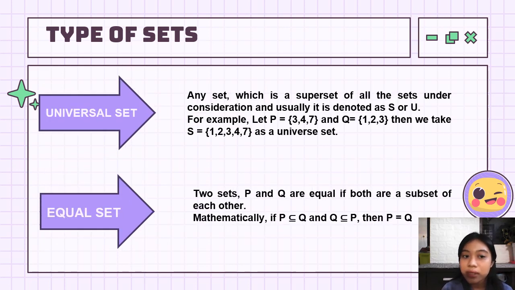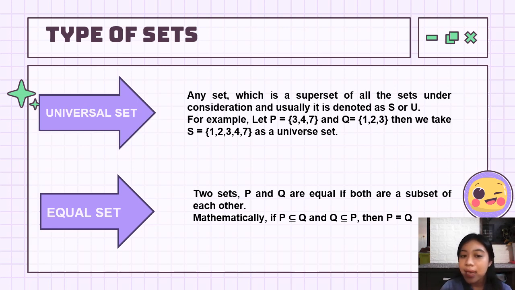Seventh, universal set. Any set which is a superset of all the sets under consideration, and usually it is denoted as S or U. For example, let P be {3, 4, 7} and Q be {1, 2, 3}.